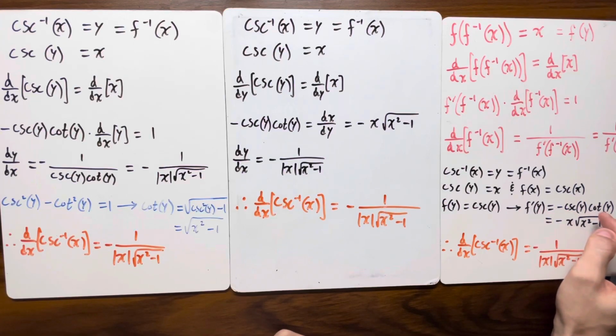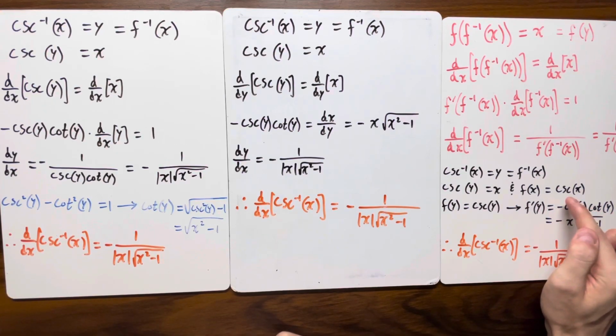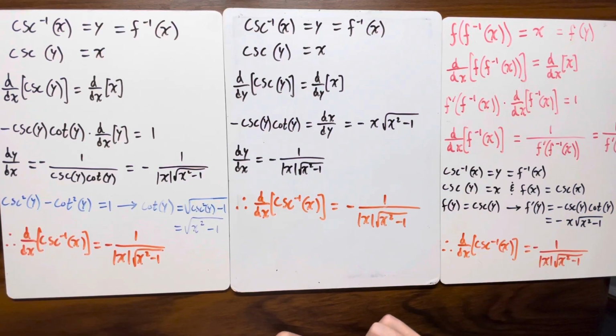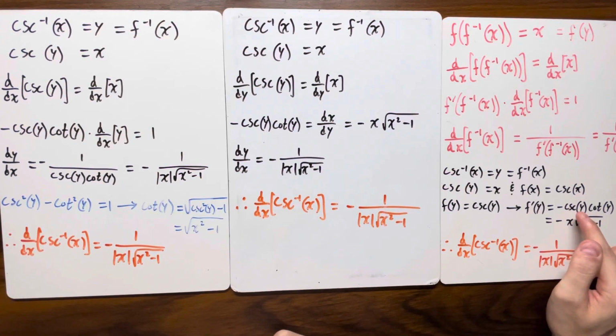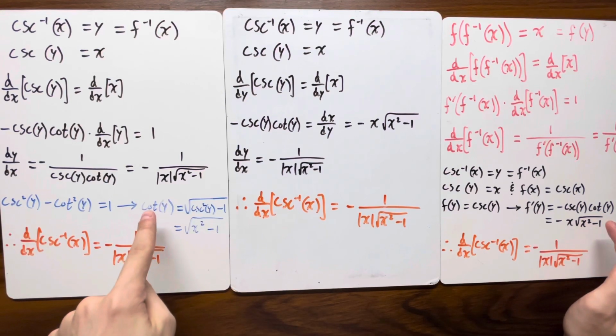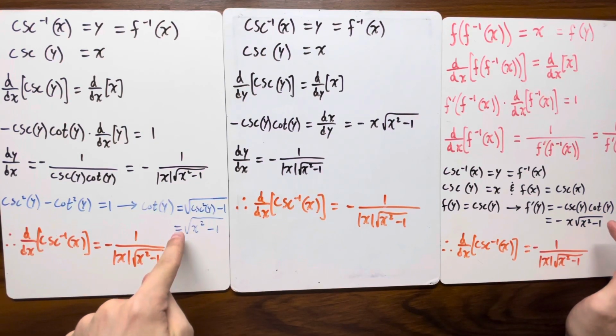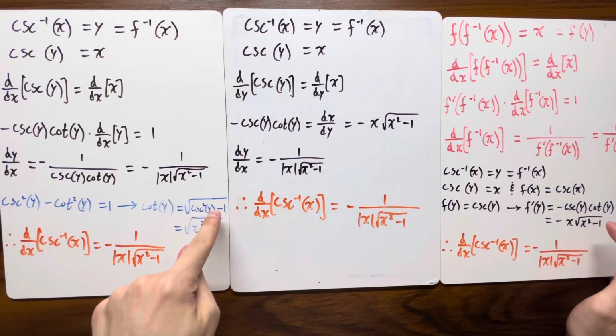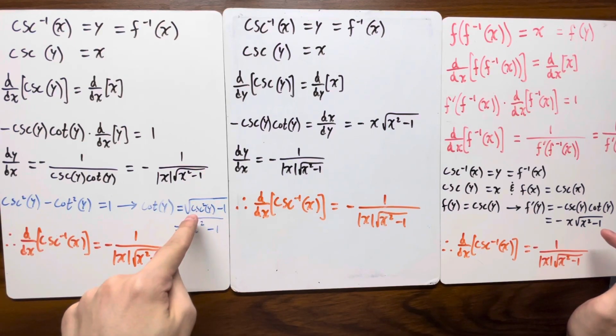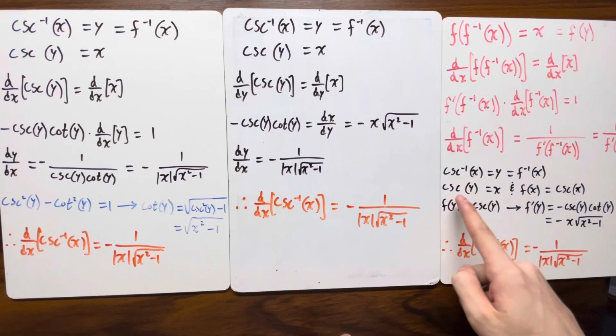Negative cosecant of y, cotangent of y, because that's the derivative of cosecant. And again, what is cosecant of y? Well, it's x. And what is cotangent of y? Well, using the identity again, we know that it's the square root of cosecant squared minus 1. So, of course, cosecant of y is x, as we showed here.